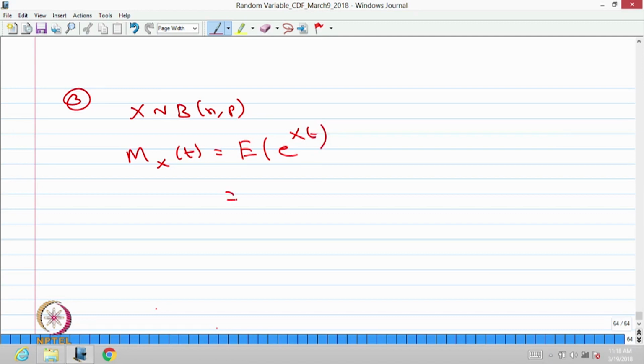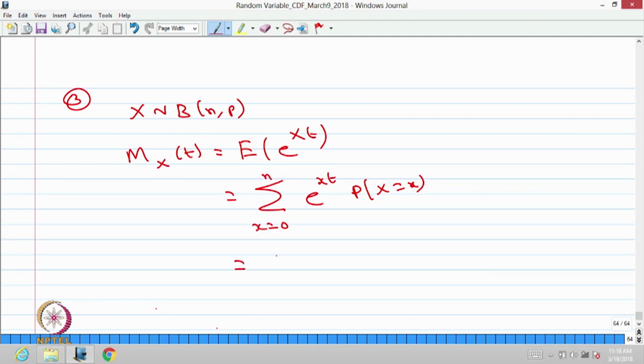Since it is a discrete type random variable, it is going to be the summation of e power small x times t and the probability that X takes a value small x, and the possible values of x are from 0 to n.